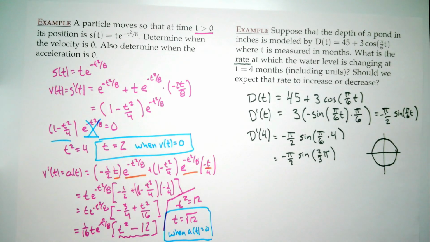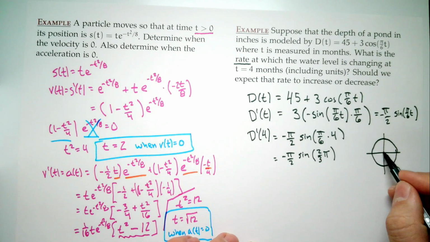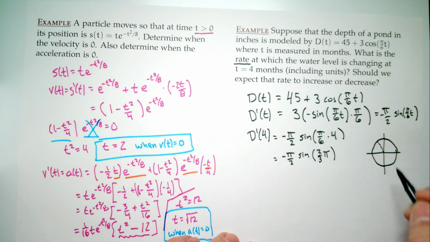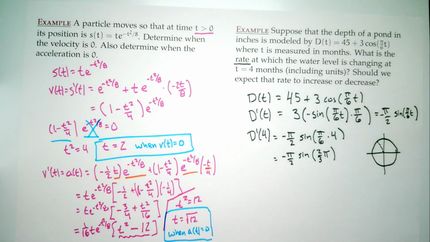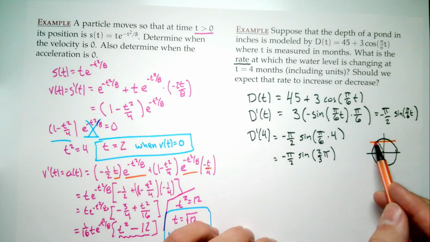Okay, all right. I make that mistake so many times. Now, 2/3 pi, if you actually look at the angle, it's over here. So it's like you went a full pi, but then you went back a third. Or if you like, you went 2/6 of the way around. So we're interested in the y values here.